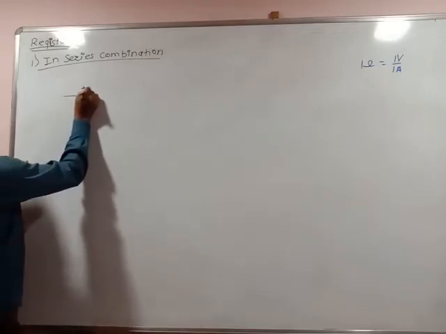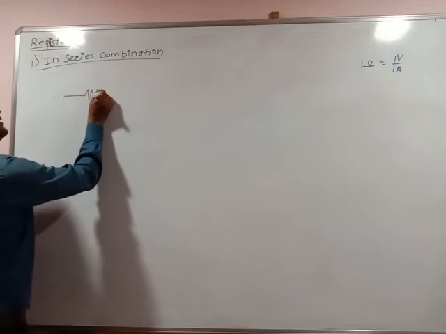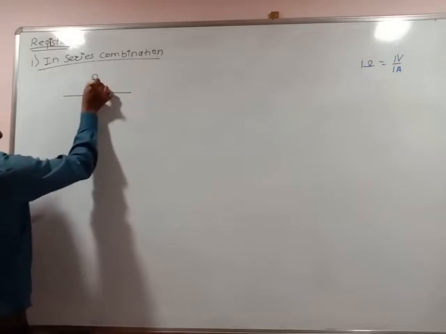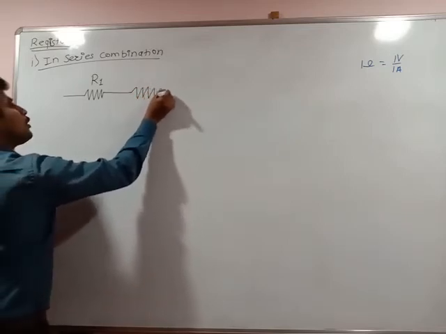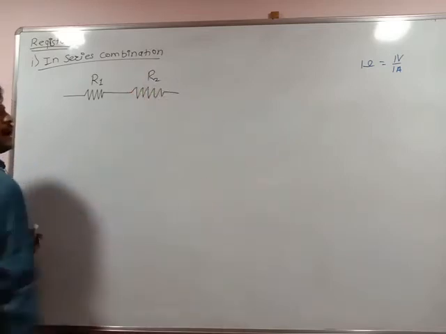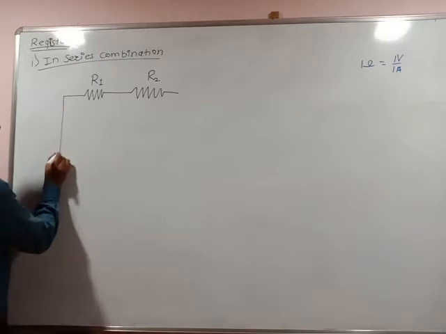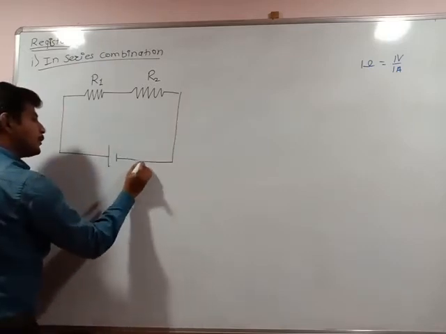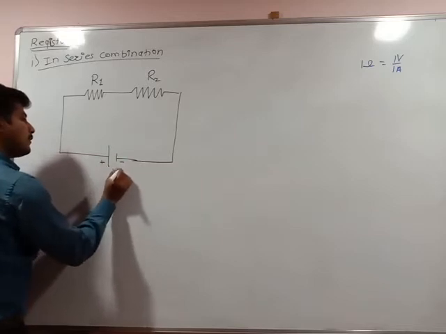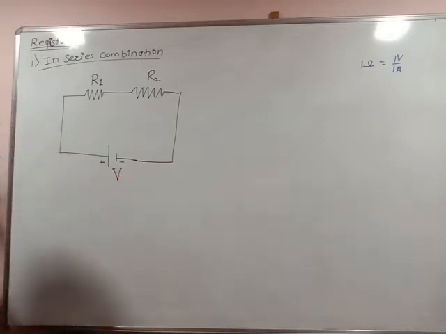I will draw. This is the symbol of the resistor. One resistor R1. This is the second resistor R2, connected across a circuit with the potential difference V. Is it clear?